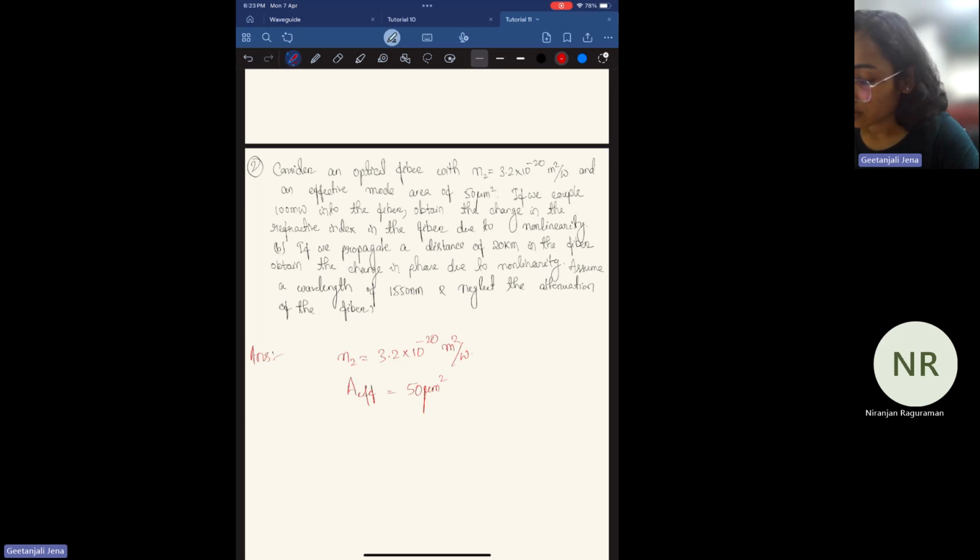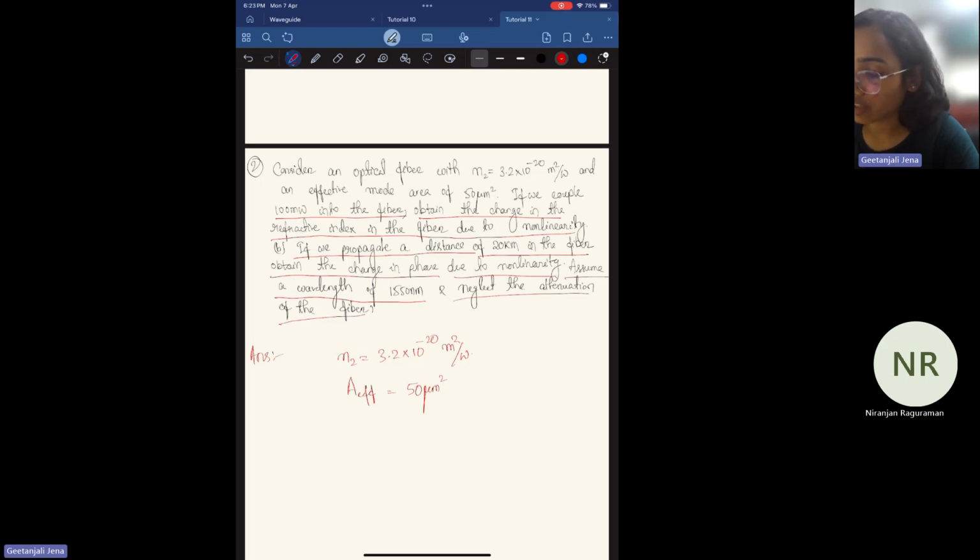If we couple 100 milliwatt into the fiber, obtain the change in the refractive index in the fiber due to the nonlinearity. This is the first part. In the second part, if we propagate a distance of 20 kilometer in the fiber, obtain the change in phase due to the nonlinearity. Assume that the wavelength of operation is around 1550 nanometer and neglect any attenuation inside the fiber.